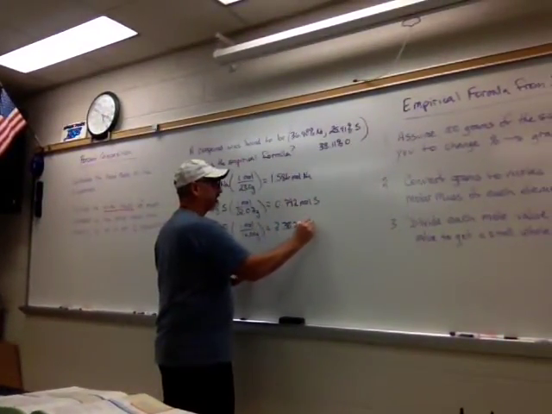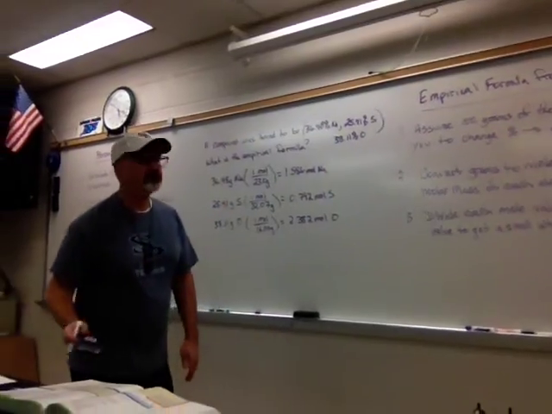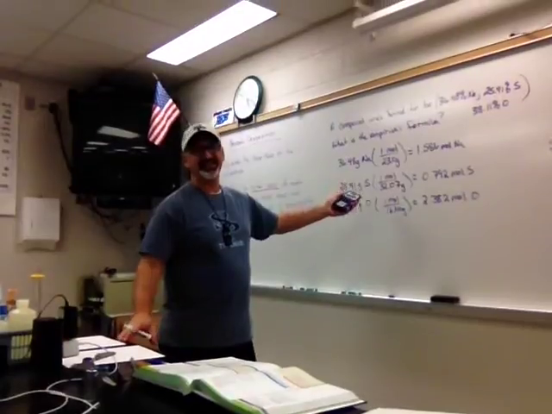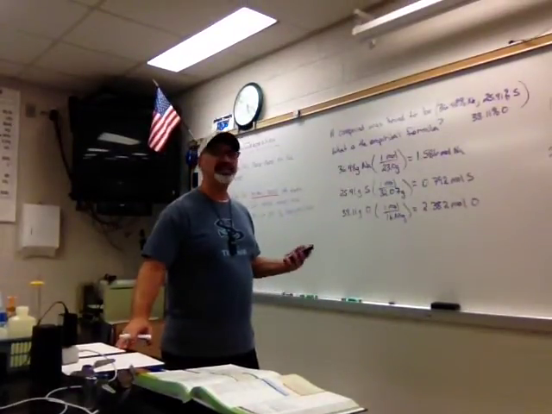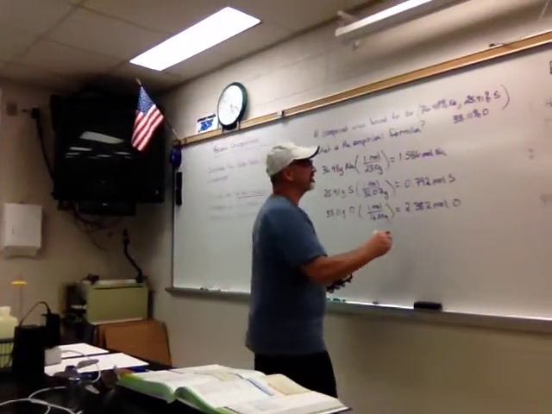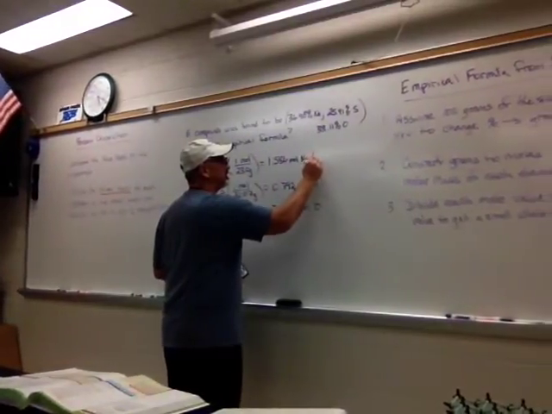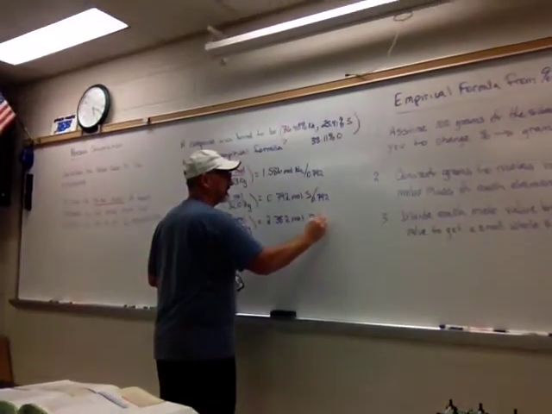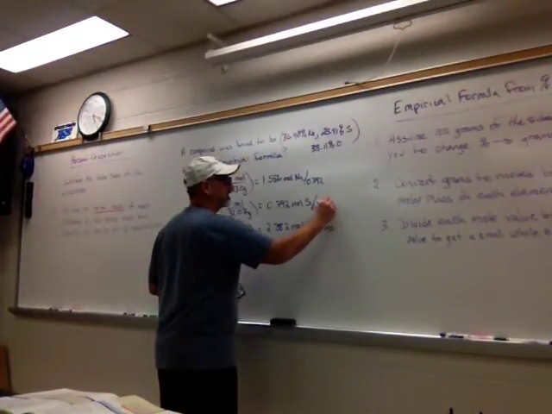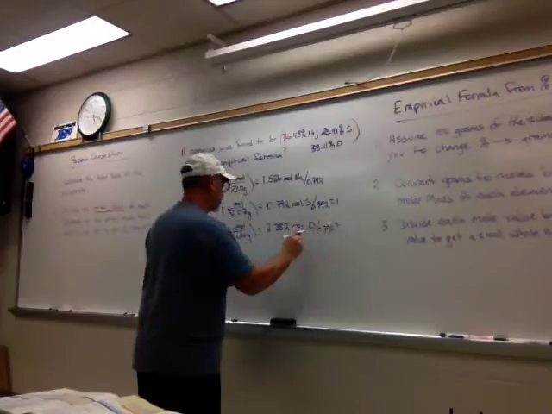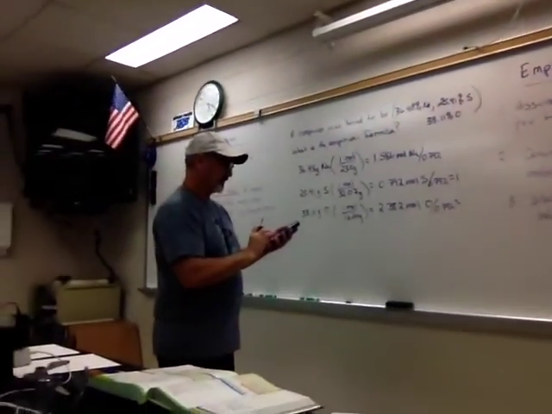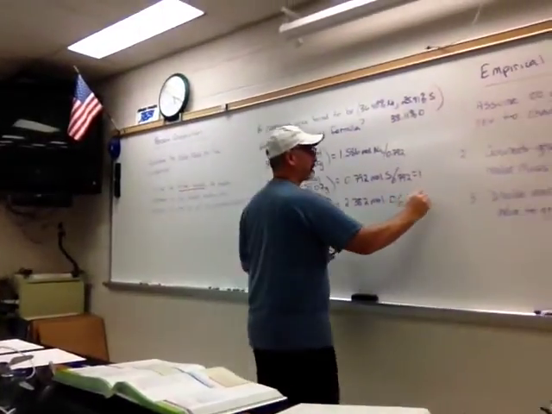So now I have this mole ratio, but it doesn't look like anything. It's got to be a whole number ratio. To get the whole number ratio, we divide by the smallest one, in this case 0.792. Obviously, the sulfur is going to be 1. The oxygen, divided by 0.792, is exactly 3.